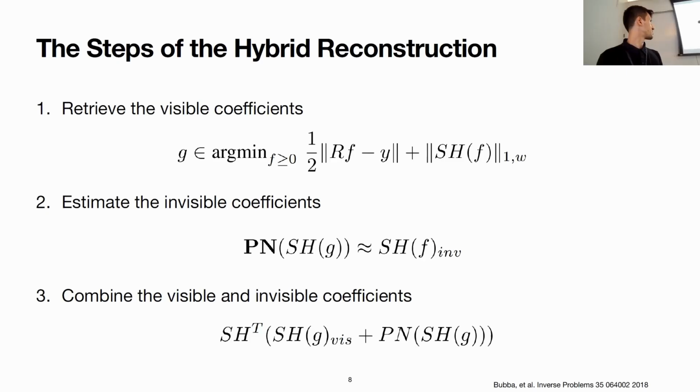All right, so for a more rigorous depiction of the outline, we have the optimization problem that we just mentioned, which allows us to retrieve these visible coefficients. And then we train the actual PhantomNet. And at the end, we simply combine these visible and invisible coefficients. Please note that there are these inv and vis for invisible and visible masks.